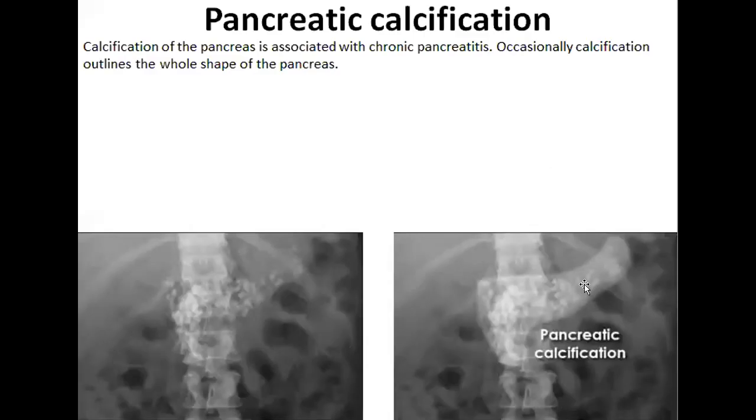Then this one is very typical for the exams, spot diagnosis. Yes, calcific pancreatitis, pancreas, retroperitoneal. So when you find retroperitoneal calcification, you are talking about pancreatic calcifications. Exactly.